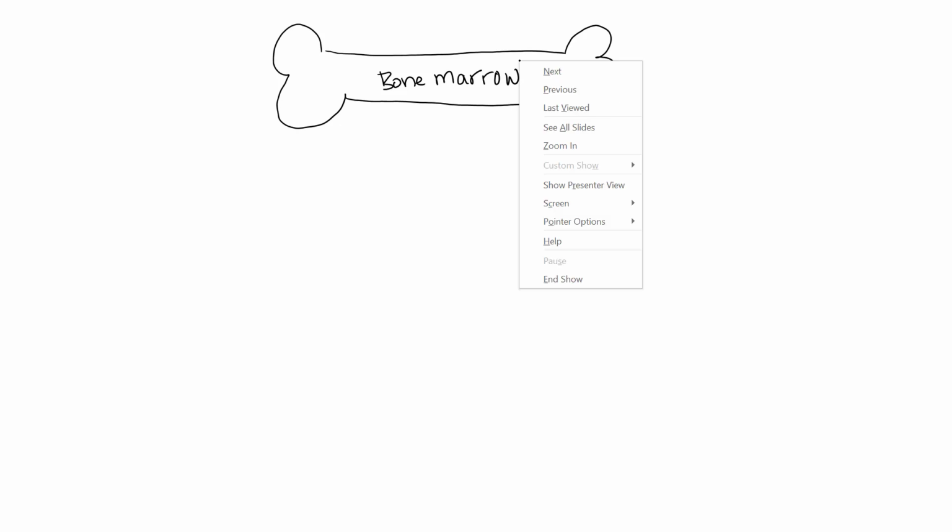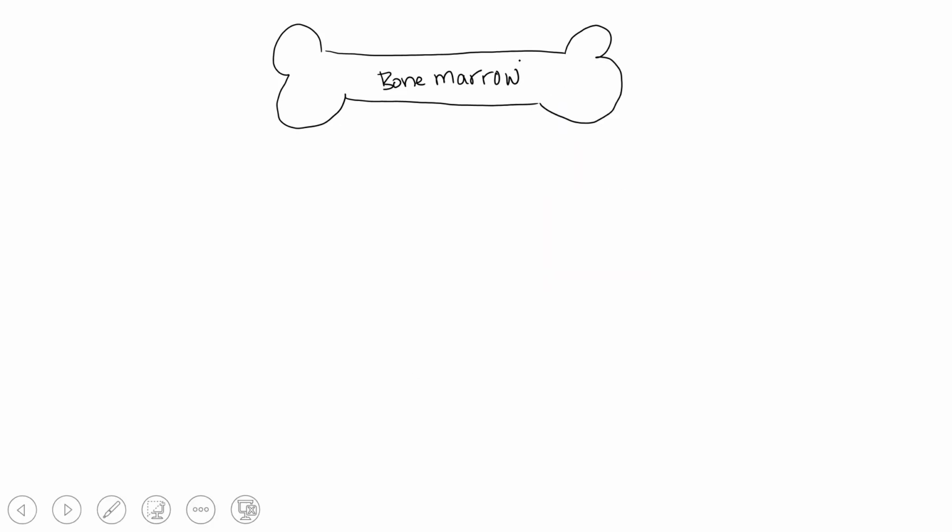So let's take a look at the bone marrow. And in the bone marrow, we have stem cells.